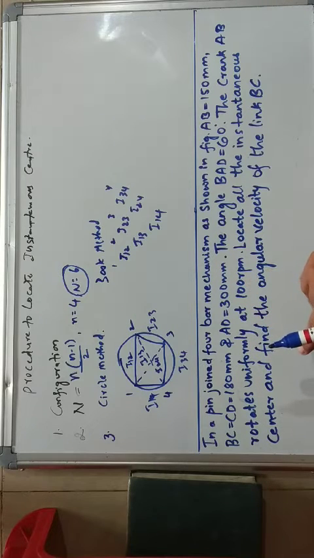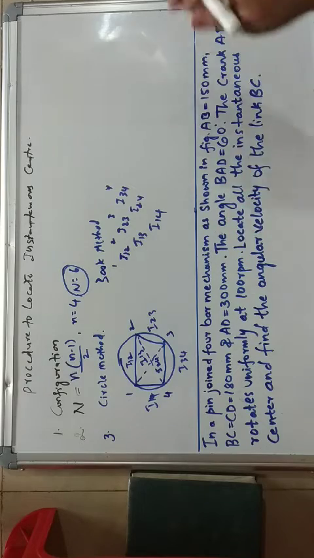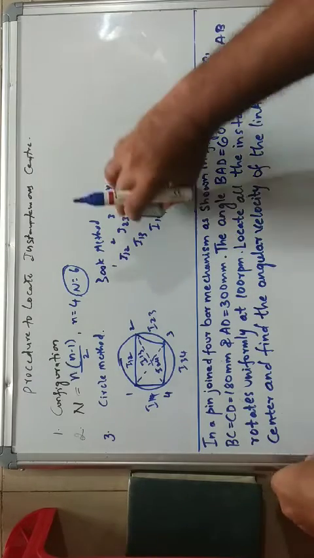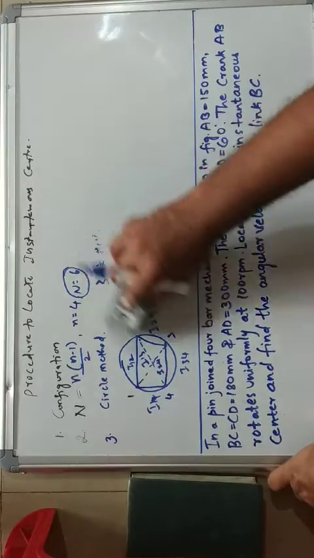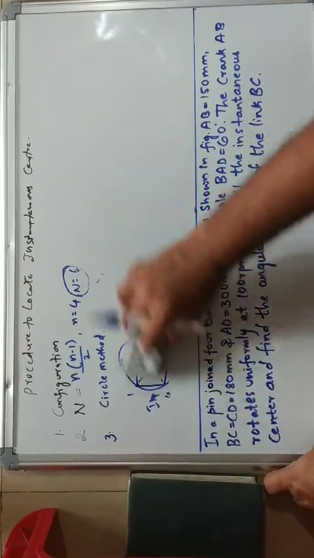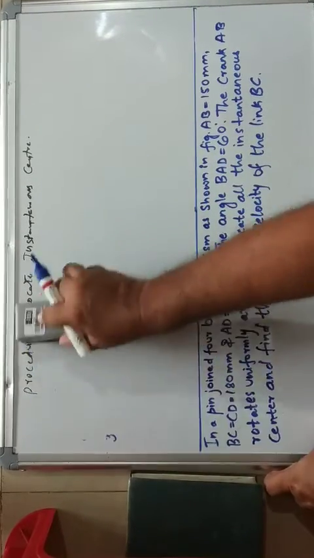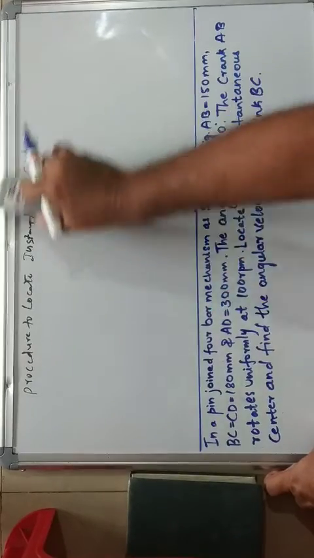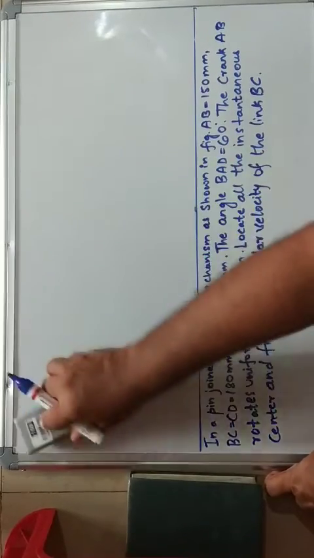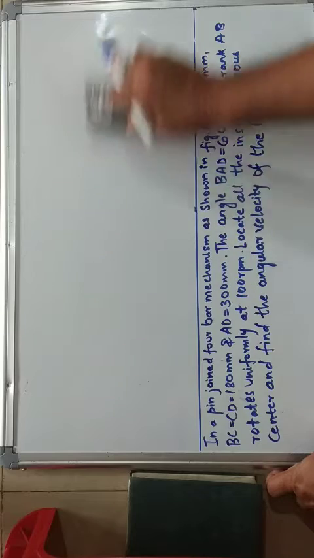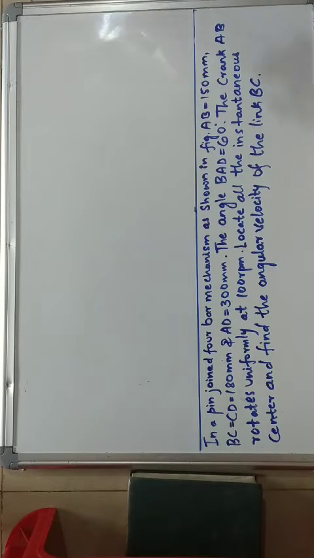Let me take a simple problem and try to find how to locate the instantaneous centers, and at the same time how to find the angular velocity of the link. Now the problem is written here.